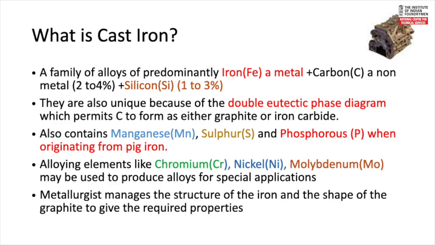So let's look at solidification of cast iron, factors affecting the microstructure. And to understand this, let's look at the phase diagram of the iron carbon system and then understand the solidification and the microstructures. Now, what is a phase diagram?